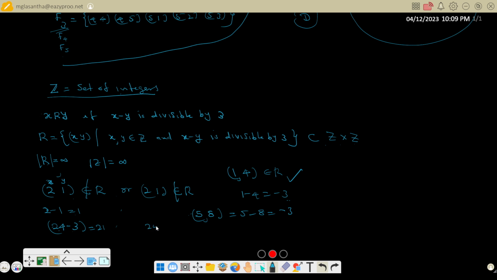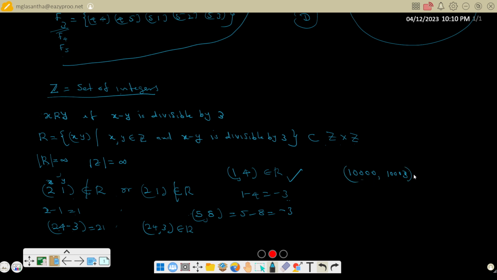So therefore (24, 3) belongs to R. So if I take 10,000 and 10,003, does it belong to R or not?